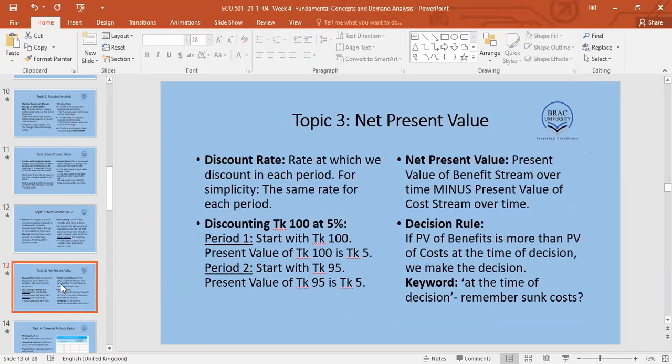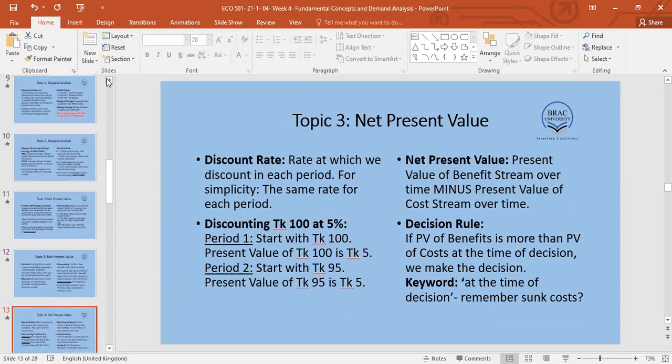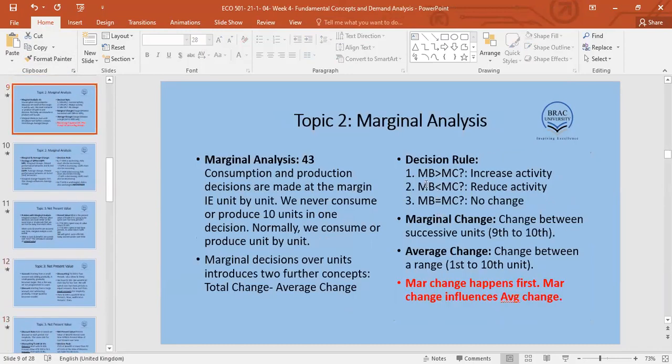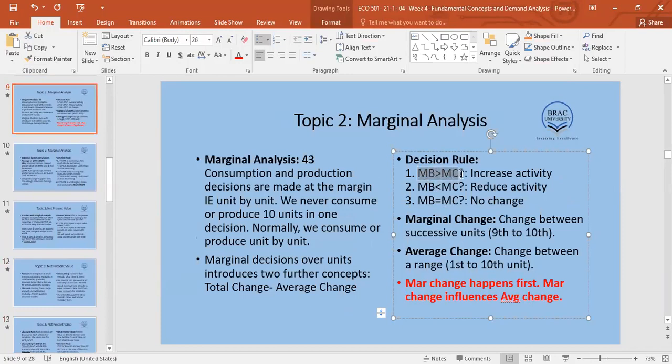Yes. And again, what is our decision rule? Our decision rule is very much like marginal benefit minus marginal cost. If additional benefit is greater than additional cost for 1 time period, we go for the activity.